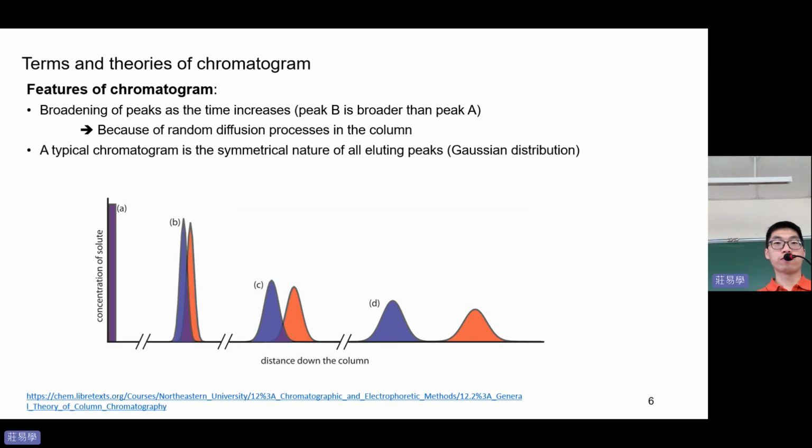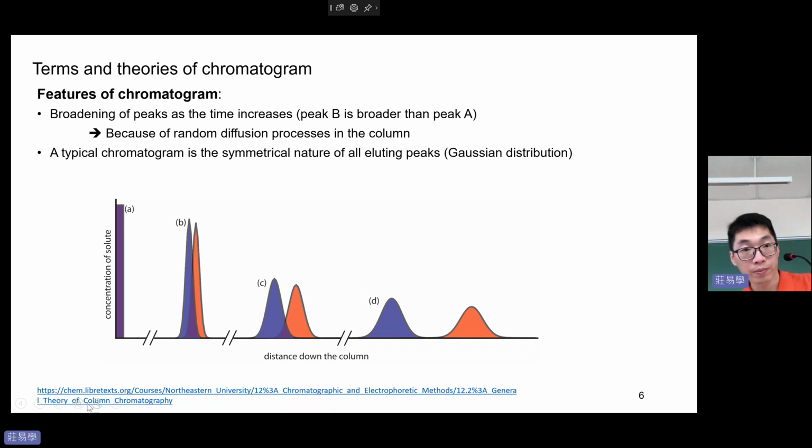here are some features of the chromatogram. Basically, if your compound has a shorter retention time in the column, the peak in the chromatogram tends to be sharper.